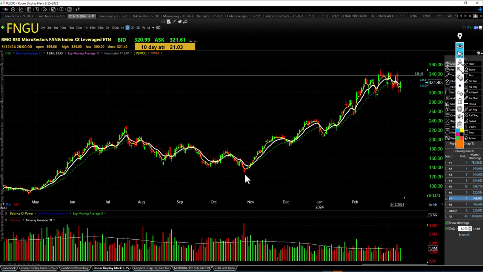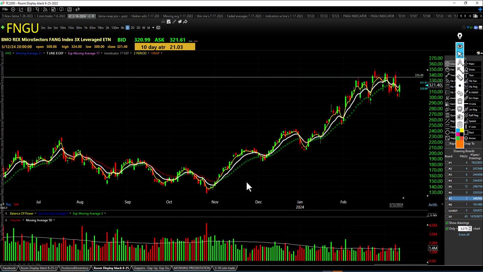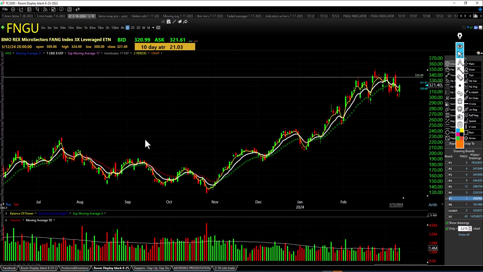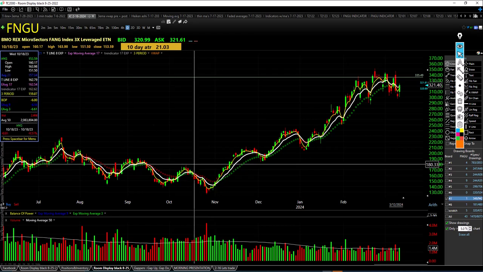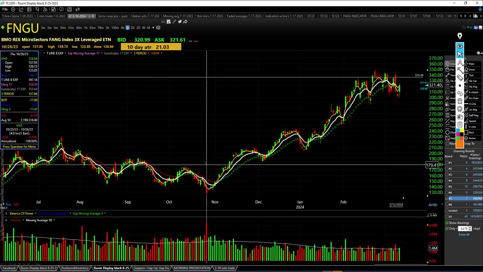All right, here's the October low. Now notice the FNGU on the 27th, the same as the XLK, already stopped moving down. See that? On the 27th, we stopped moving down with FNGU and XLK. So when does FNGU take out that high? Because that's when it says the downtrend is over and now the FNGU is in an uptrend. So we'll take a look and we'll cross over.